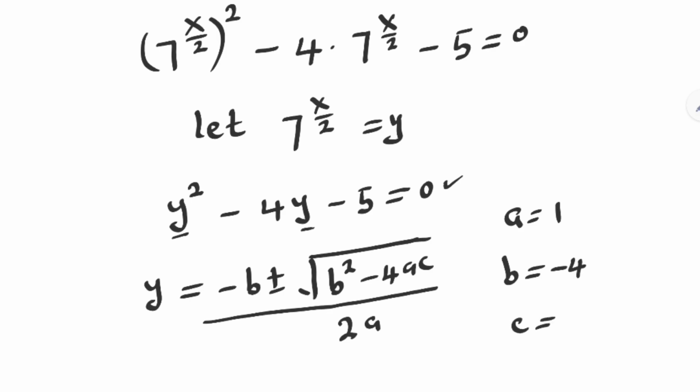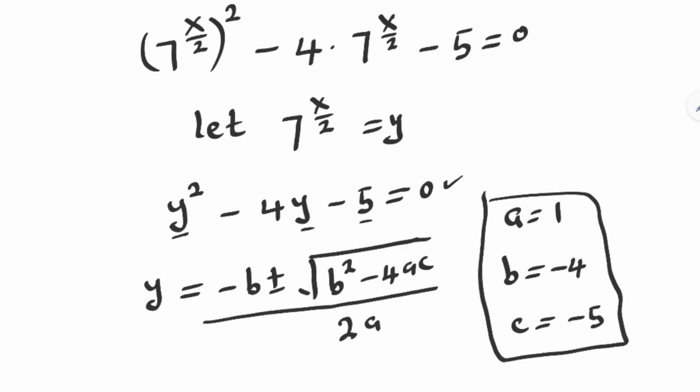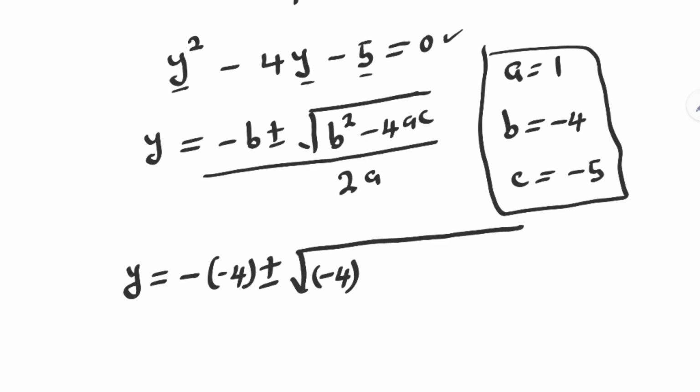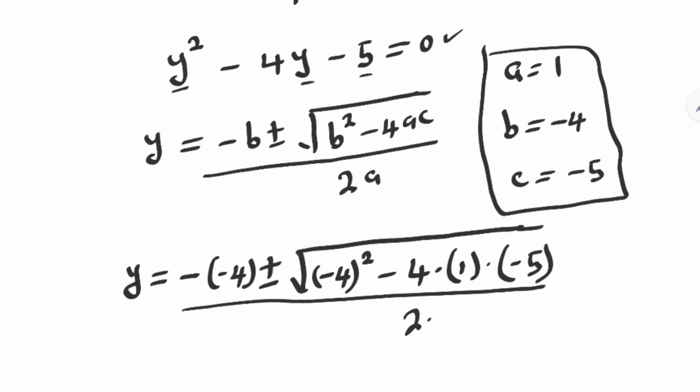And then c is equal to minus 5 here, which is the constant. y is equal to minus bracket minus 4 plus or minus square root of minus 4 all square minus 4 multiplied by a is 1 multiplied by c is minus 5, over 2 multiplied by 1.